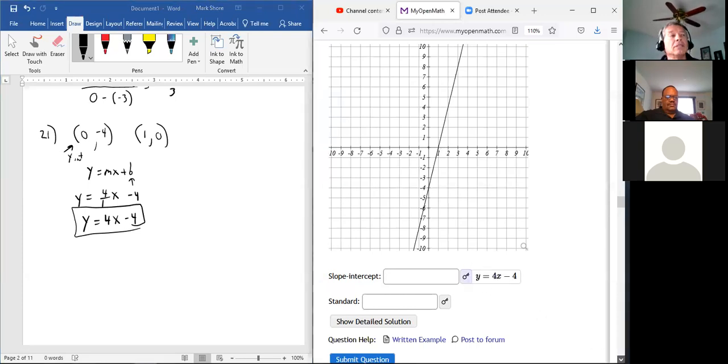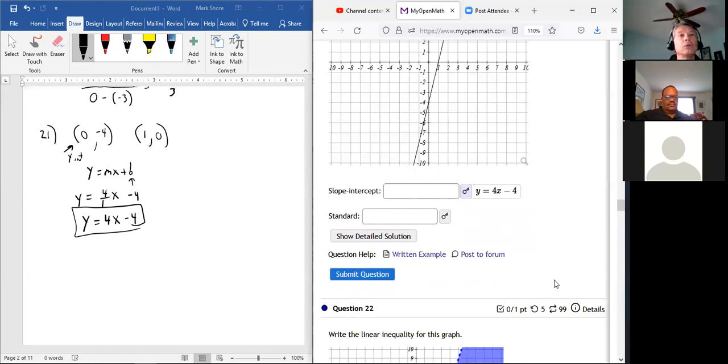And then they want it in standard form too. All standard form is getting the x's and y's over on one side, no fractions. We don't have any fractions, so let's get your x's and y's on the same side. So this right here is called slope intercept form.